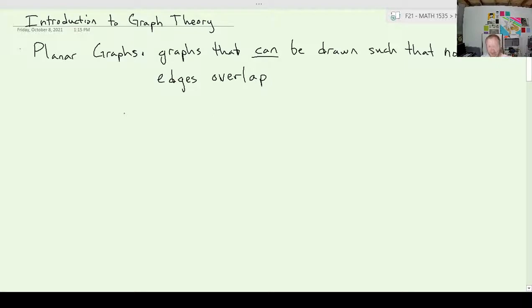All right. So if I have a graph that looks like this, and I've got edges that look like this.